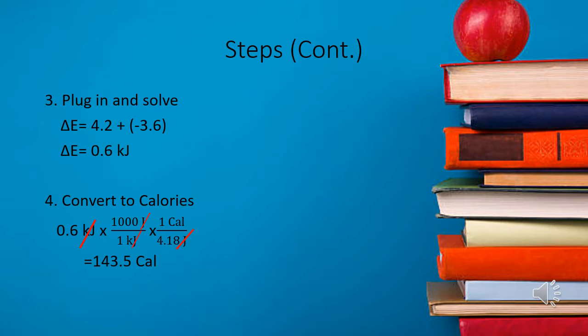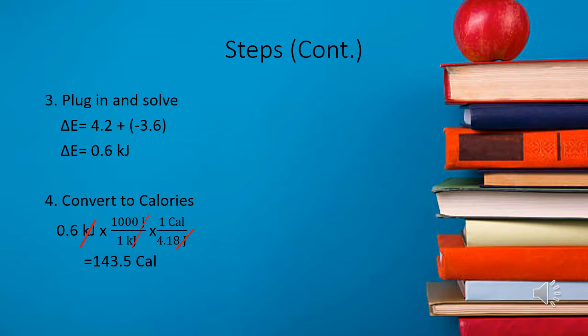However, we are not done yet, because the second part of the problem was to convert it to calories. So converting to calories is just simple conversion factors, and the only thing that you really need to know is that 4.18 joules is equal to 1 calorie. So now that you know that, you can go ahead and convert.